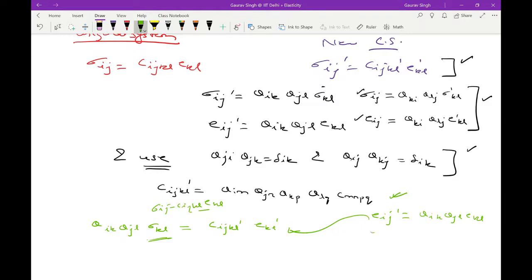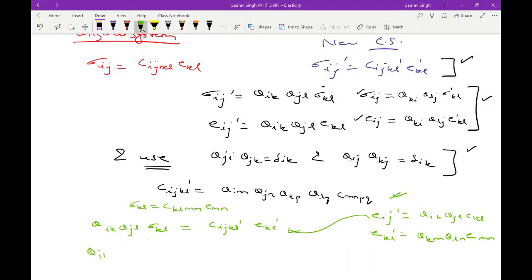Let's see. Here I want to replace kl. So I'll replace i with m. Sorry, this would be Qkm Qln Ekl. And similarly, sigma kl can be written as Cklmn Emn.